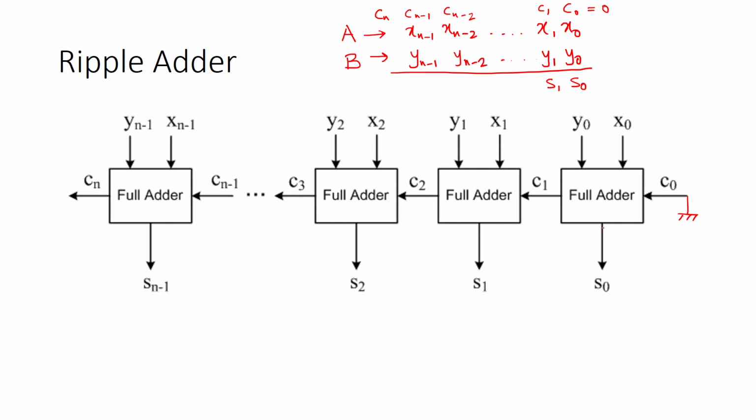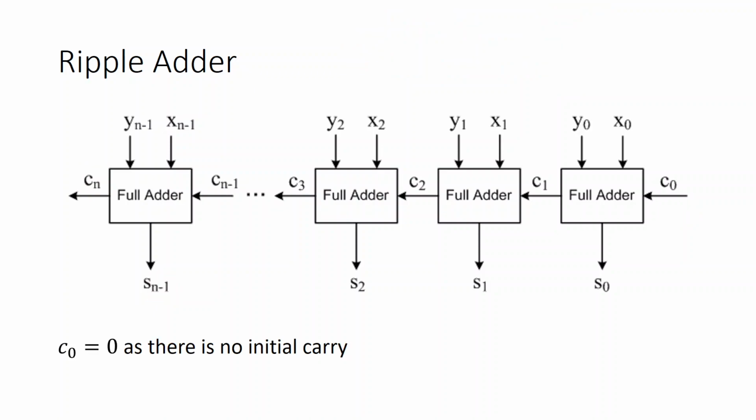This x0 y0 will give you s0 and c1, and this c1 is now put into the carry in part of the next full adder, and this c1, x1 and y1 will get added, give s1 and generate c2, and in this way it would go on, and ultimately you get the Sn minus 1 and the Cn, and your addition will become complete.